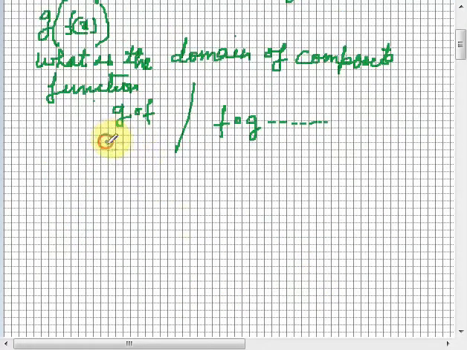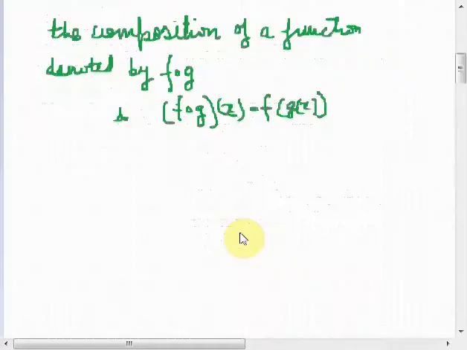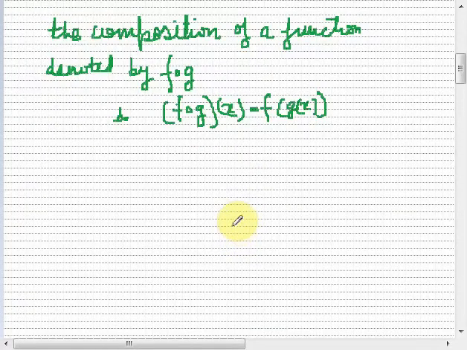The meaning of f of g is: first apply g, then apply f. This is the formal definition of a composition of functions. The composition function is denoted by f of g, and f of g of x is equal to f of g(x).